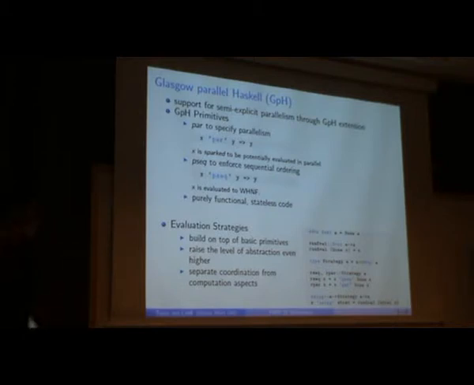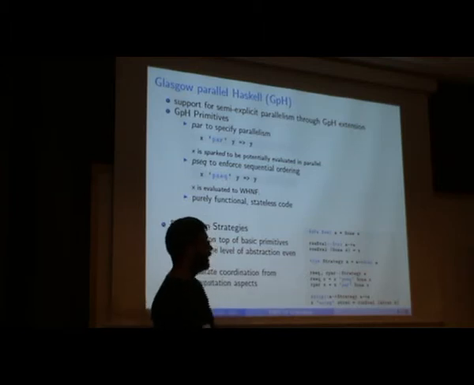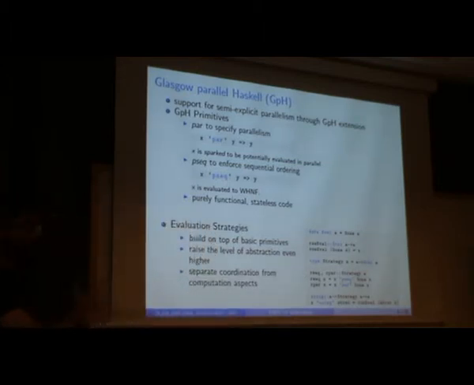Building on top of these two primitives, we have the evaluation strategies library, which raises the level of abstraction even higher. A strategy is basically just a function of type a to Eval a. It takes an expression and encapsulates it in a context, and that context encodes the parallel coordination of how to evaluate that expression.